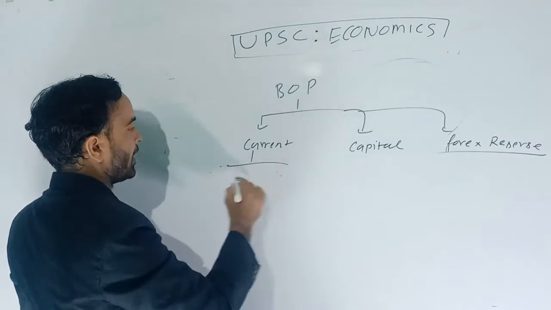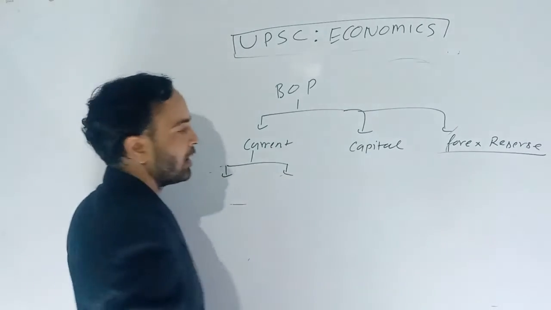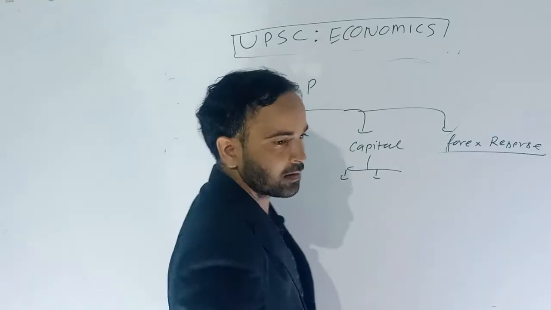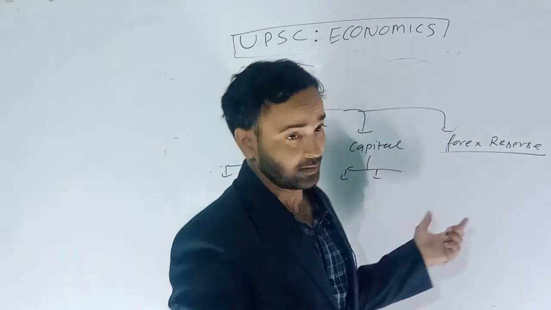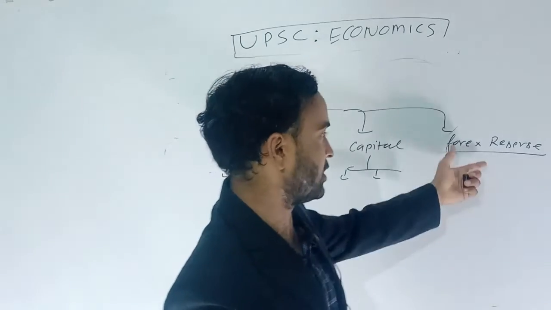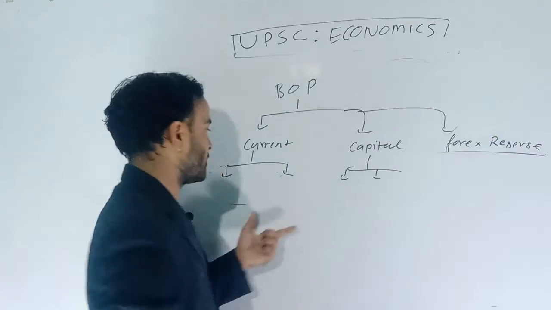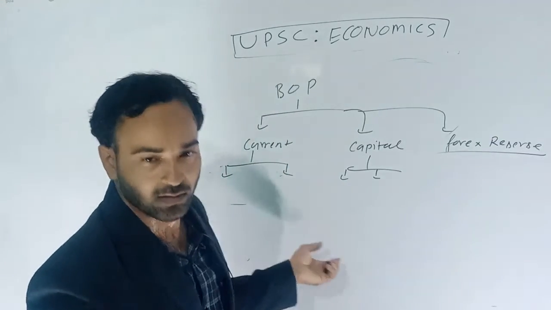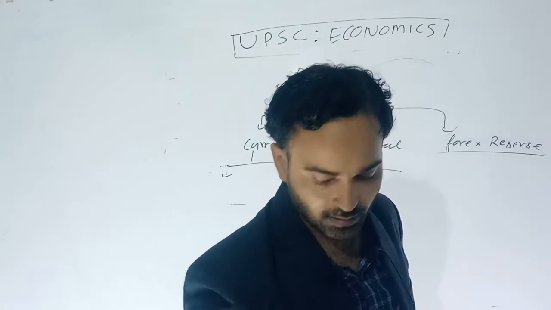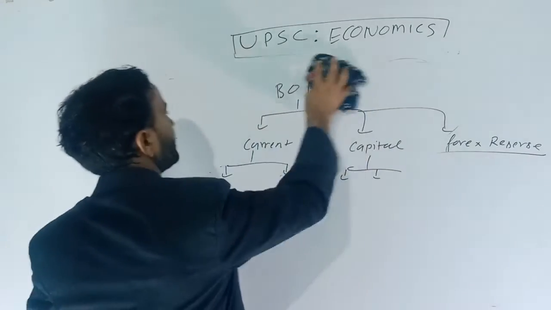Under the current account, I have told you visible, invisible. Under the capital account, investment and loan. Under the loan, external commercial borrowing, government taking loans, such kind of thing. I have told you forex reserve. Visible means import, export. Here service, income, transfer. Got it? So it is very easy.